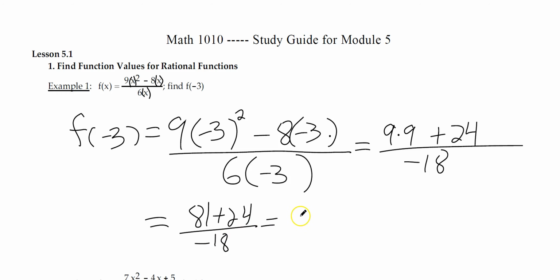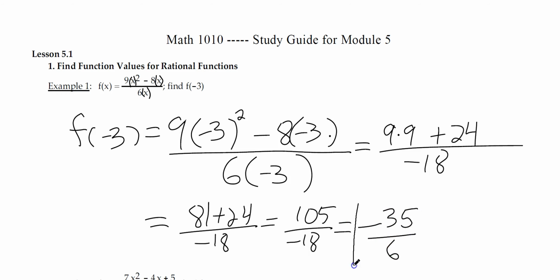We're looking at 105 over -18, which we can simplify and divide by 3 to simplify, and our answer would be -35 divided by 6. All right, let's take a look at the next example.